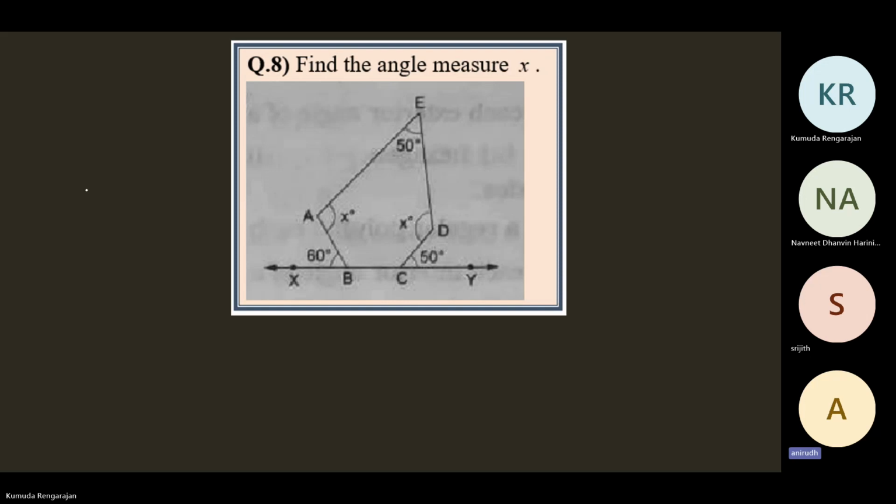Ma'am, 5 sides. No, first give its name. I don't want the special name like rhombus, rectangle, square. I gave you an example, no? How will you call this polygon? Will you call it ABCD or PQRS or MNOP?